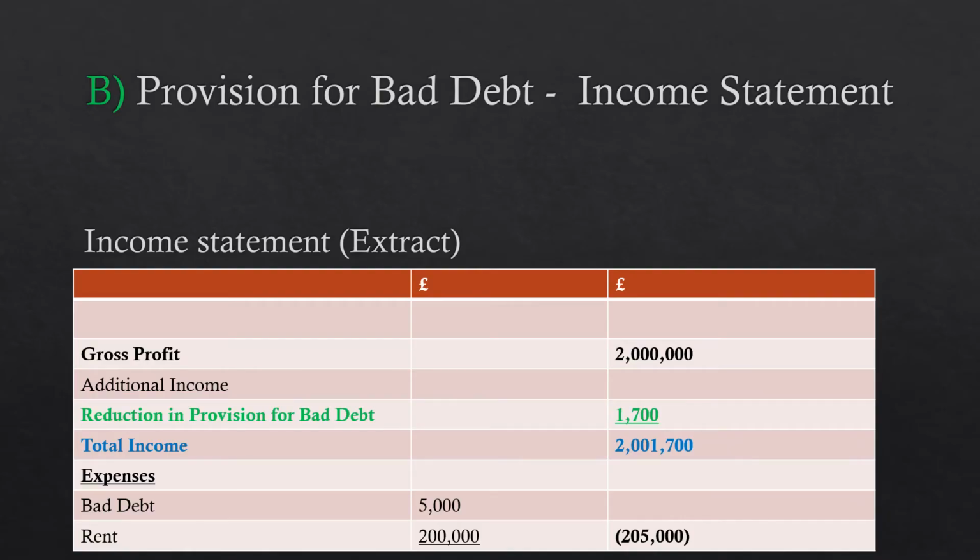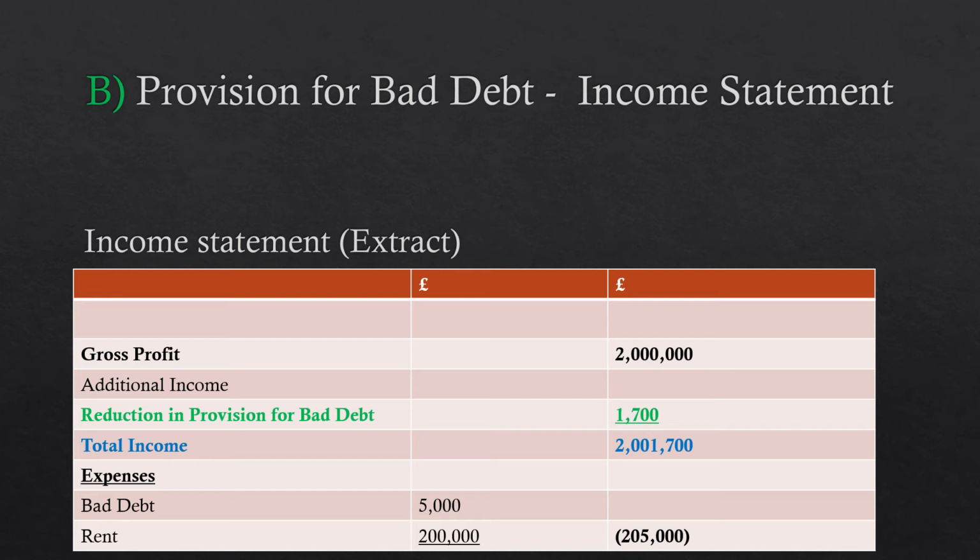This principle could be a bit tricky because the current provision for the period is 800. It's 800 because it's 2% of 40,000. Because of that, we have to adjust all the figures, and therefore we need to add back 1,700. Okay, and if we are considering a bad debt as well, which is 5,000, and then the rent is 200,000, that's 205,000.